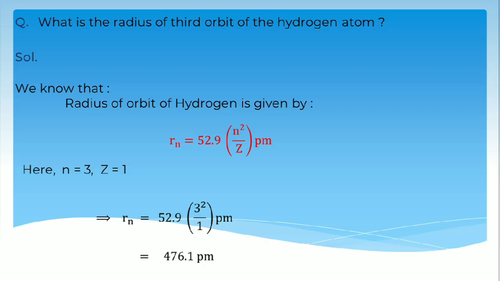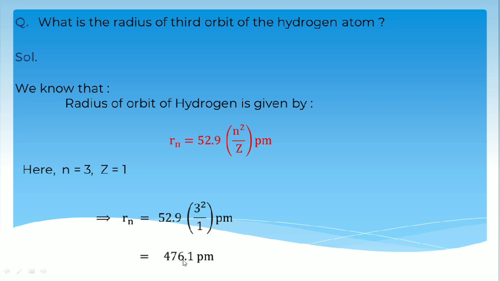So we know that the radius is given by Rn equals 52.9 n square by Z picometer, where n is the orbit number and Z is the atomic number. When Z equals 1 and n equals 3, it is 52.9 times 3 square by 1 picometer.